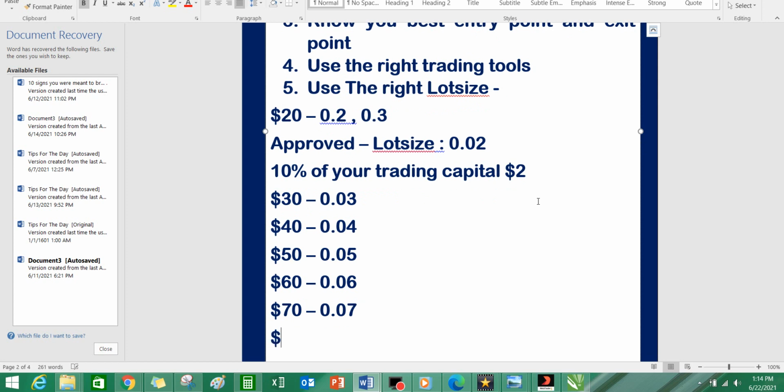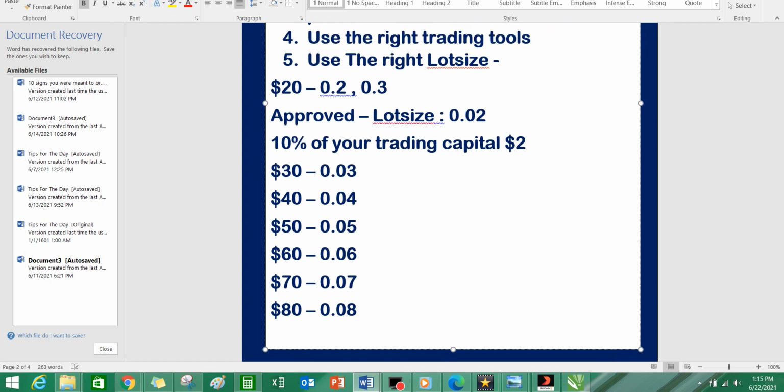For $80, at that stage you use 0.08. For $90, use 0.09, while for $100 you use 0.1.